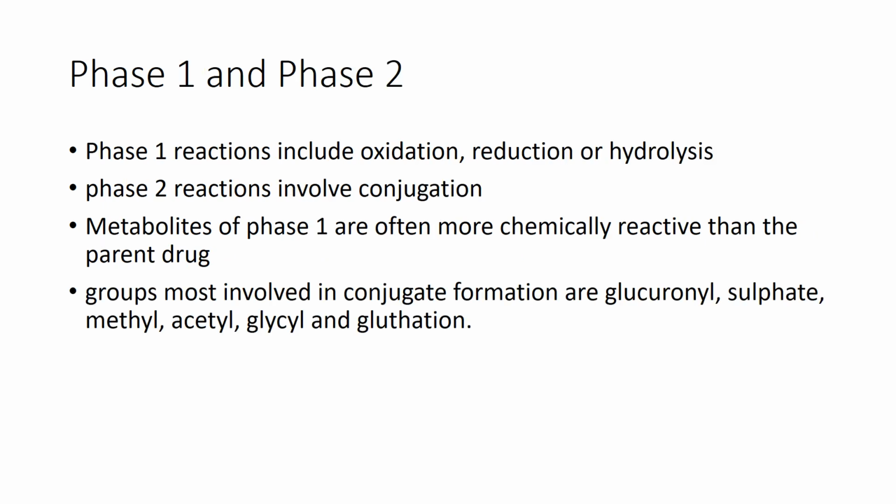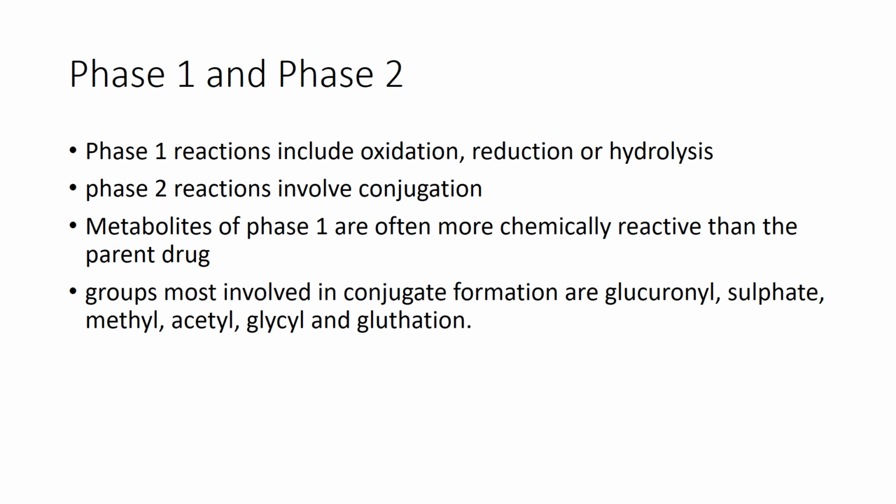Drug metabolism involves two kinds of biochemical reactions known as phase 1 and phase 2 reactions, which often happen sequentially. Phase 1 consists of oxidation, reduction, or hydrolysis, whereas phase 2 reactions involve conjugation. Metabolites of phase 1 are often more chemically reactive than the parent drug, and this is because they introduce a relatively reactive group into the molecule, such as hydroxyl, which then serves as a point of attack for a conjugating system to attach a substituent such as glucuronide.